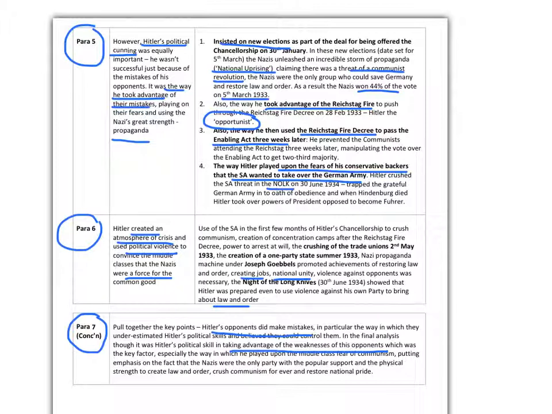They were a party of action who could create law and order, destroy communism forever, and restore national pride. So it wasn't just the mistakes of the opponents, it was probably more the way in which Hitler had the political skills to take advantage of those mistakes and use them to create his own dictatorship.